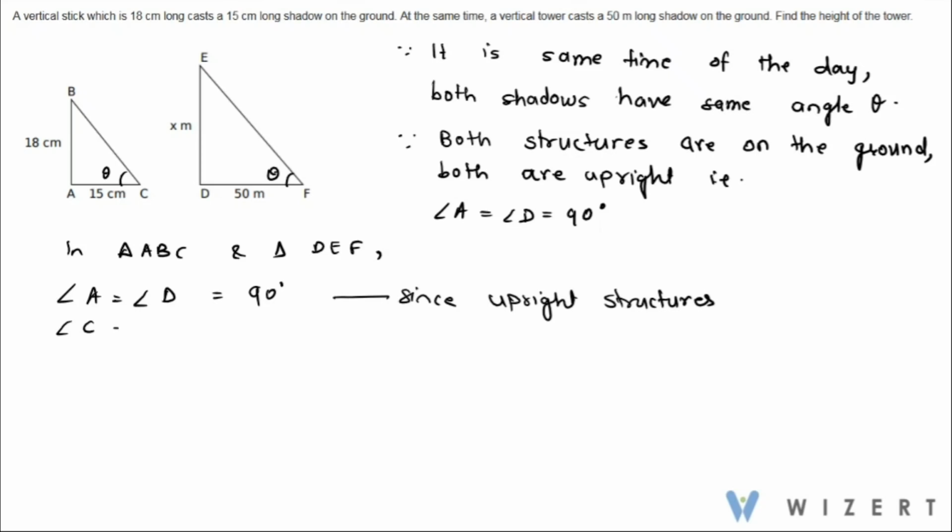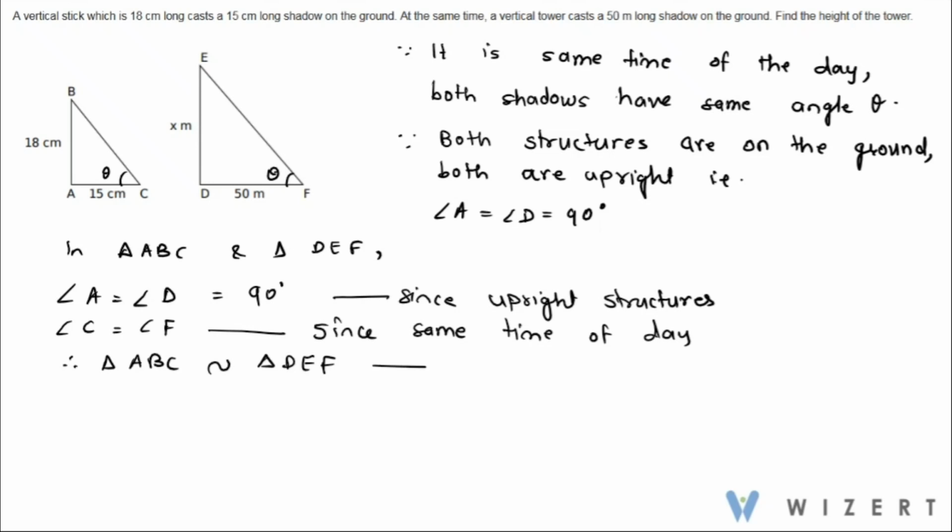Then angle C equal to angle F since same time of day. Therefore, we can say triangle ABC is similar to triangle DEF by AA similarity criterion.